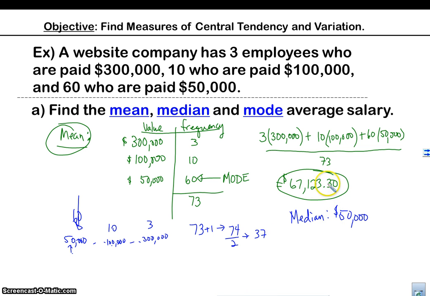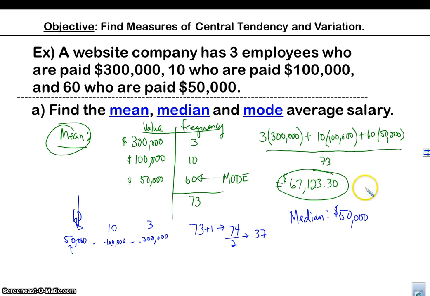Now let's just talk about this real quick. Notice that the mean is bigger than the median. And the reason for that is because we've got these people that are earning 300,000. So our average is going to be higher because we've got some higher people than our median. Which one looks more attractive? Well, obviously the higher one. But it kind of skews our data.